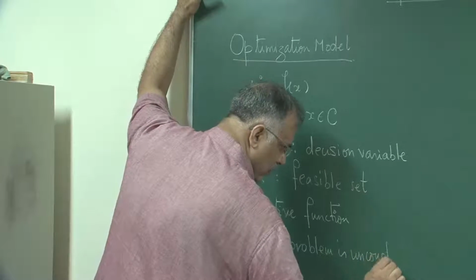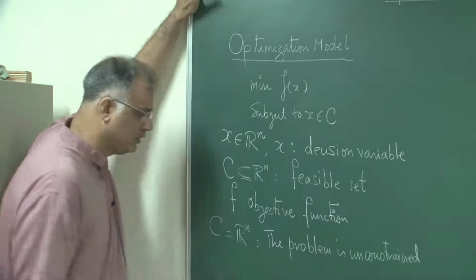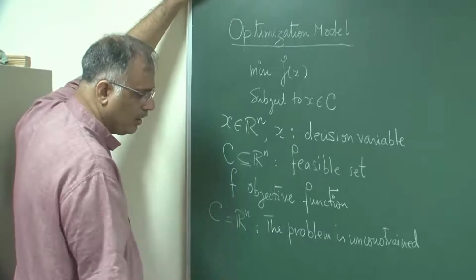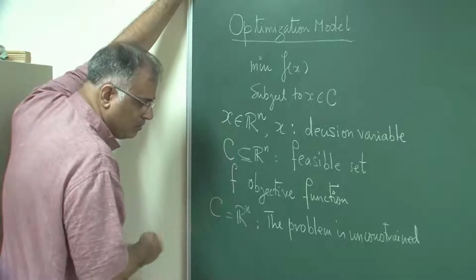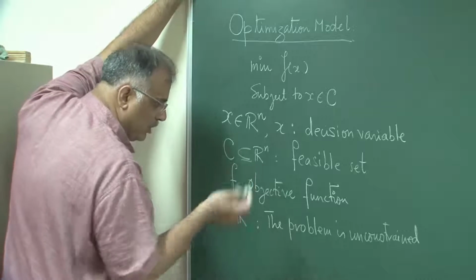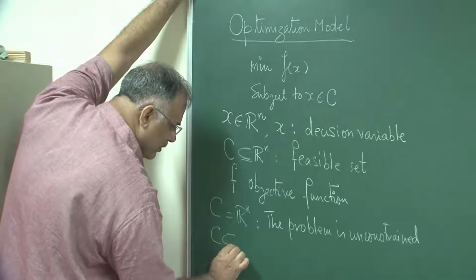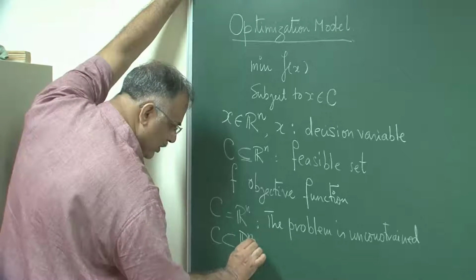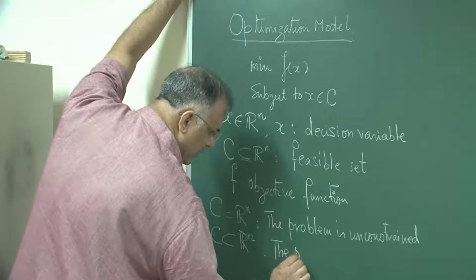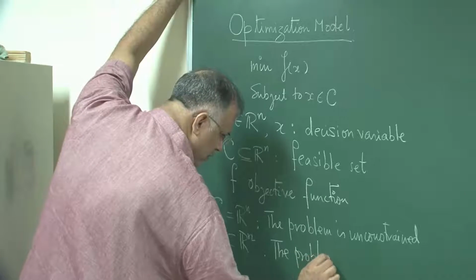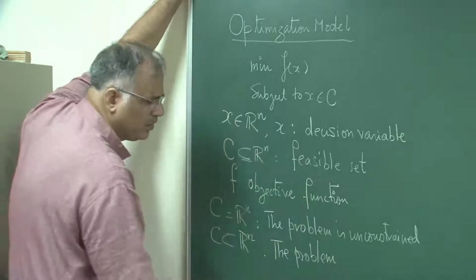That is exactly what you learn in high school, where C is equal to R and n is 1, and in the first year you learn about n is 2, 3 and so on. And when C is a proper subset of R^n, that is C is a subset of R^n but C is not equal to R^n, then the problem is a constrained problem. Constrained problems are of course harder, and in finance we have to deal essentially with constrained problems.